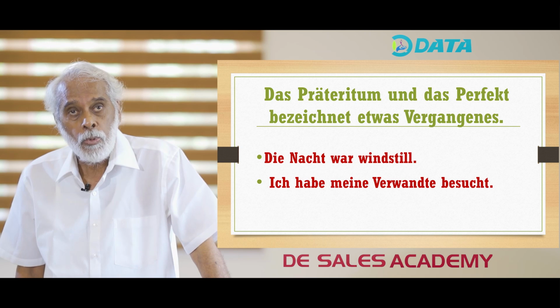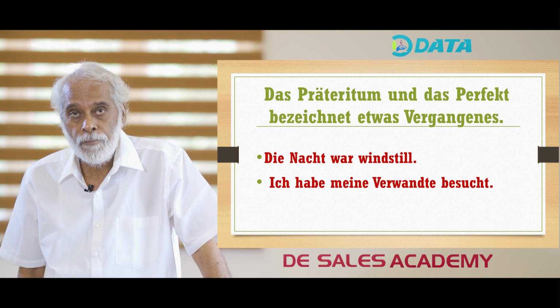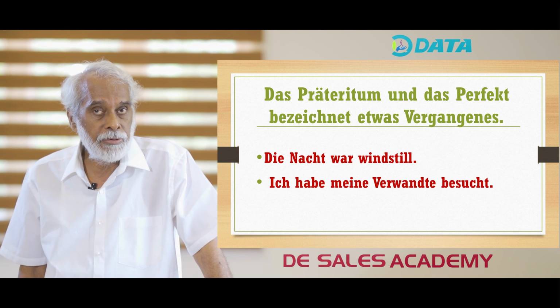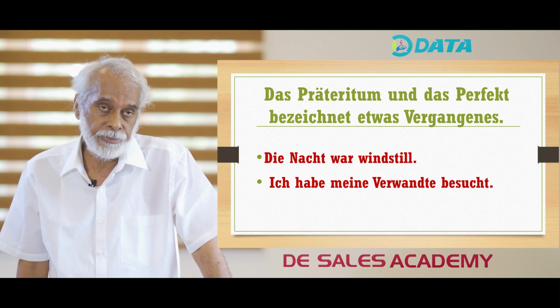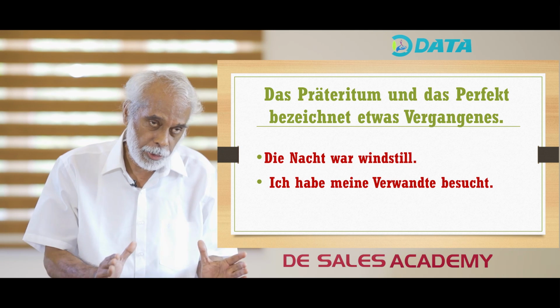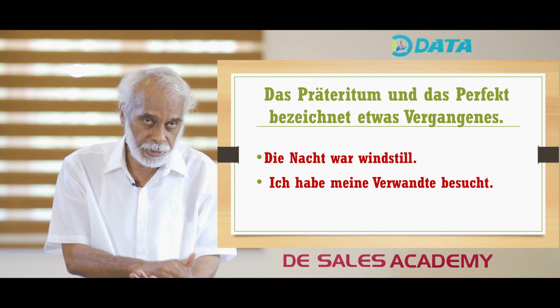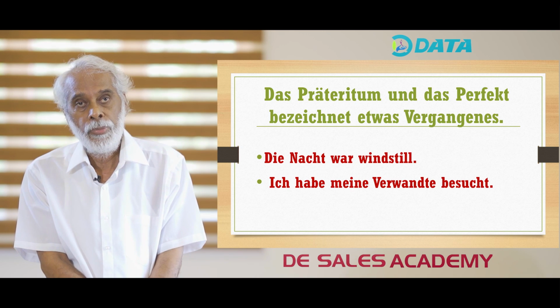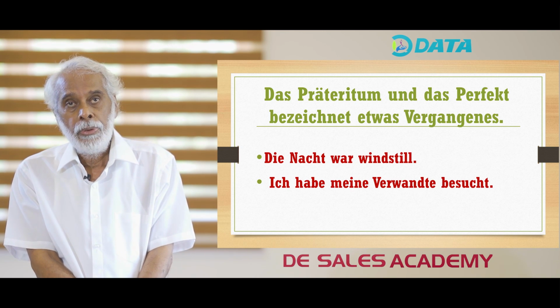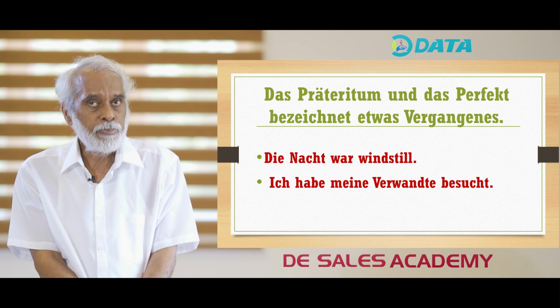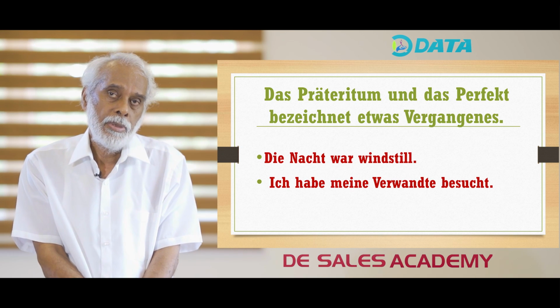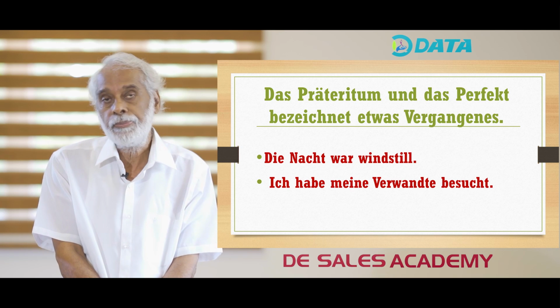Das Präteritum und das Perfekt bezeichnen etwas Vergangenes. Till now we are talking about presence, the Gegenwart. Now, what do Präteritum and perfect mean to us?